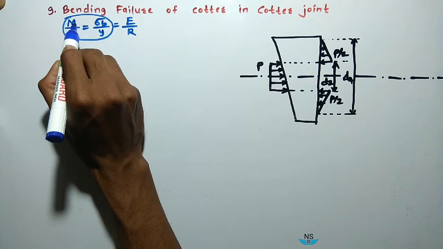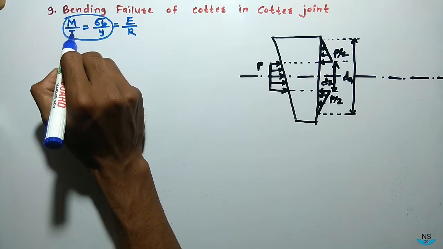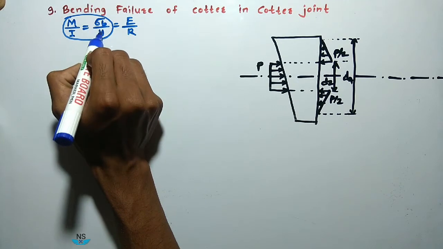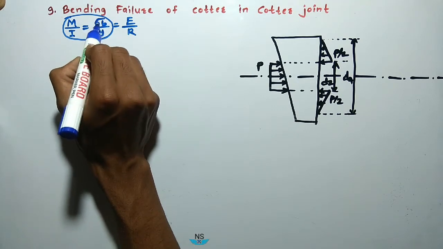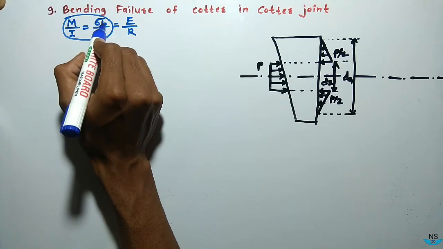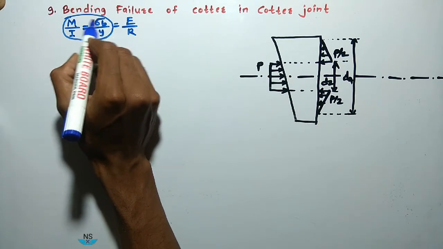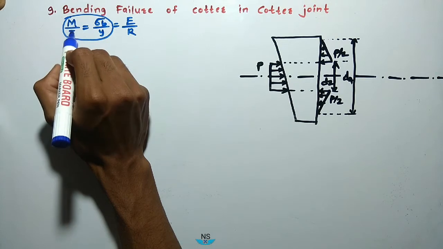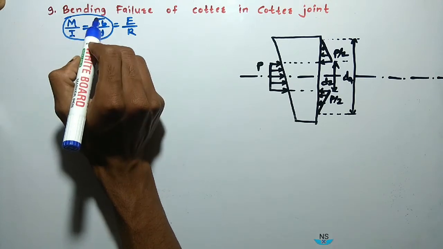Now in this equation we require M, I, sigma B and Y, and we have to find out finally sigma B. Require bending stress, that is sigma B. So for that M is required, I is required, Y is required.